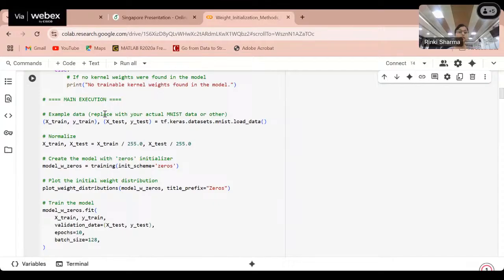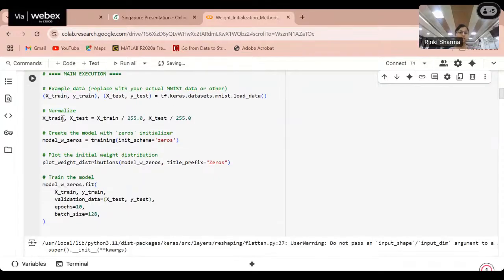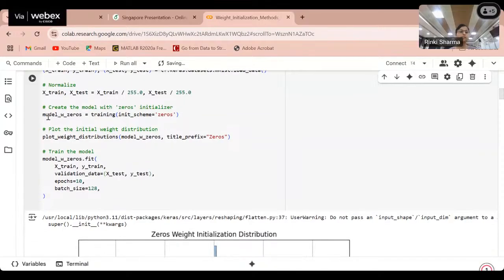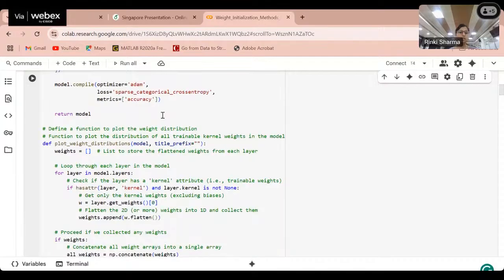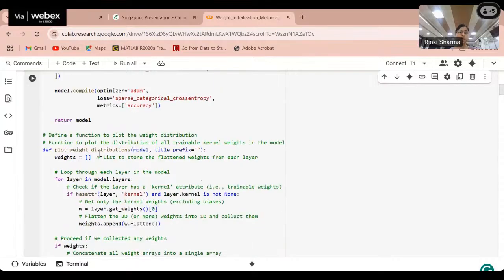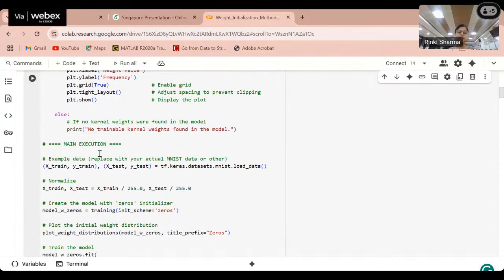So again, we distribute the MNIST data and normalize it, and model_w_zeros will take the model training function with the initialization scheme that provides zeros, and it will return the model which has its weight matrix initialized as zeros.